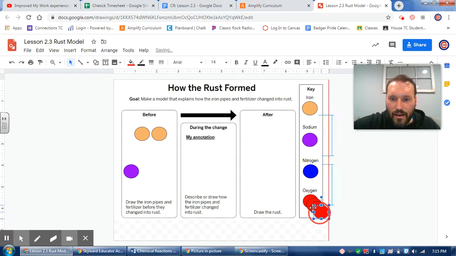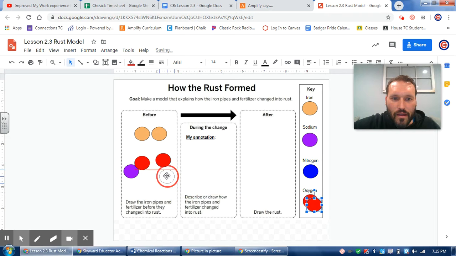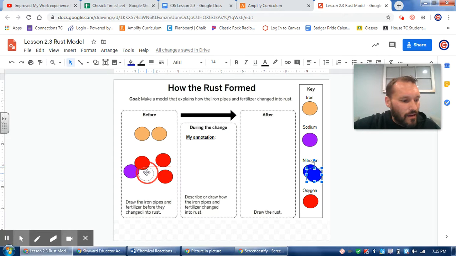I'm just using Control C and then Control V to paste those for me. I'm going to put those in here for now. And if I go back and look, we had 1 nitrogen. So I'm going to make a copy of one of those, put it in, and it looked kind of like this. It's not exact, but it's pretty close.